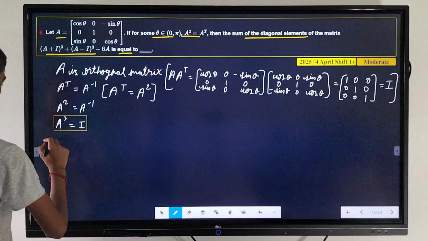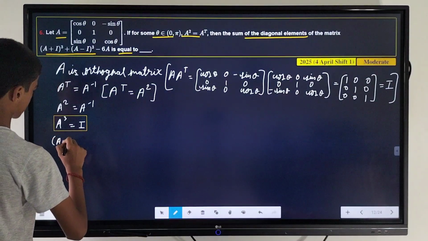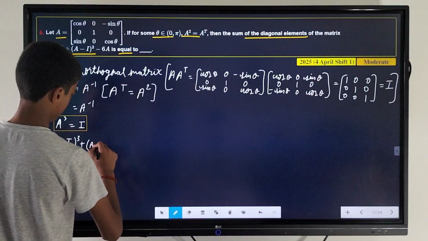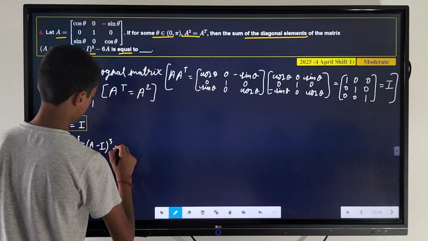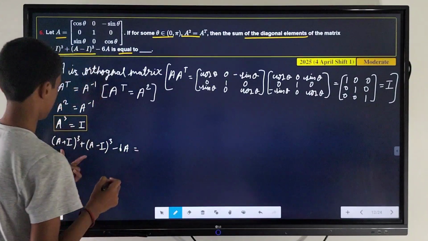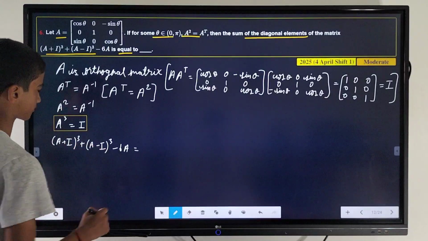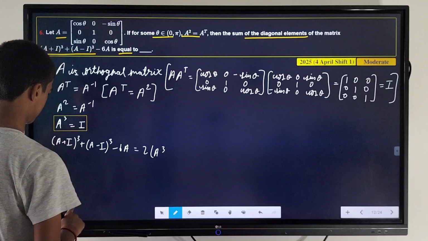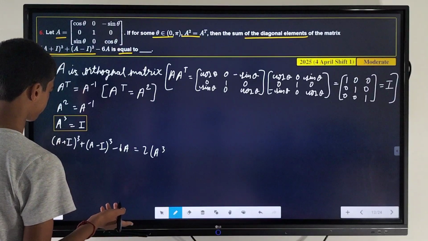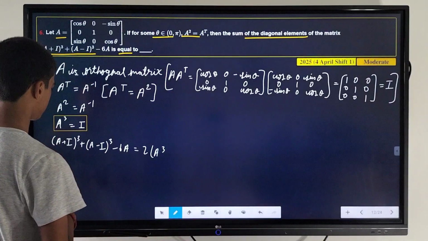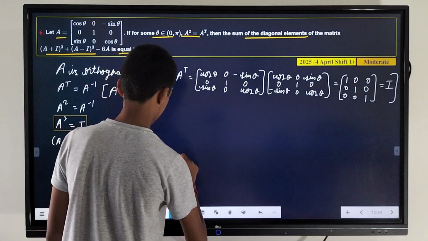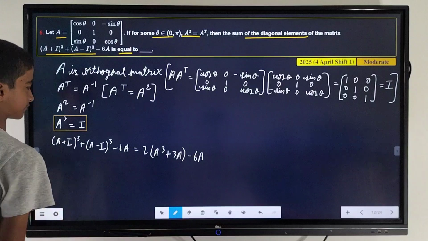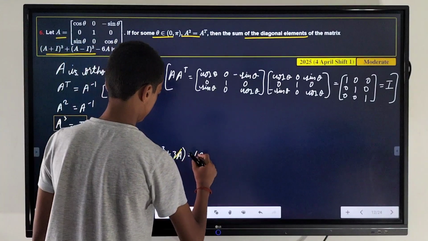Now let's expand this expression. A plus I whole cube plus A minus I whole cube minus 6A. Now the sum of these first two terms will be 2 times A cube, 3C1 and 3C2. So 3A plus 3A minus 6A, 6A and 6A will get cancelled.